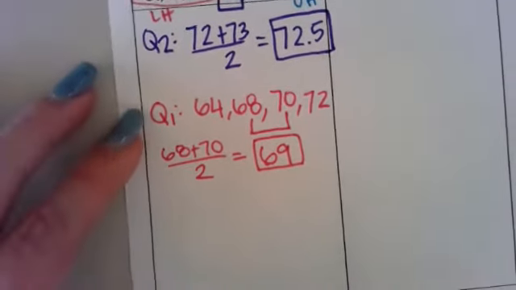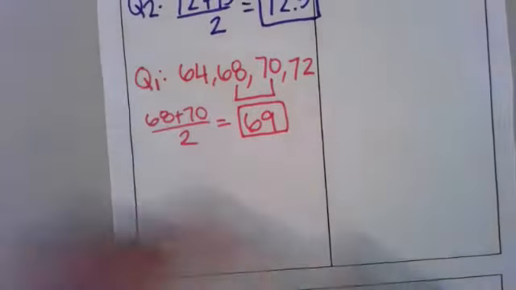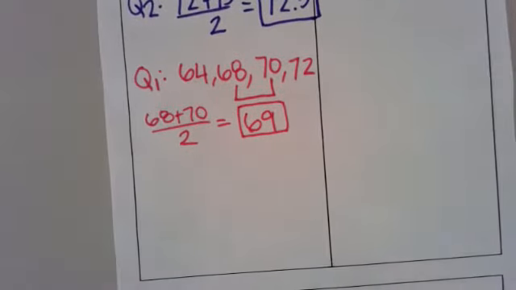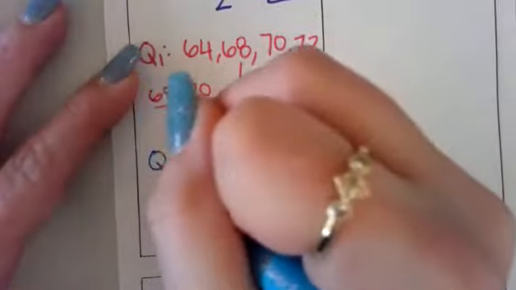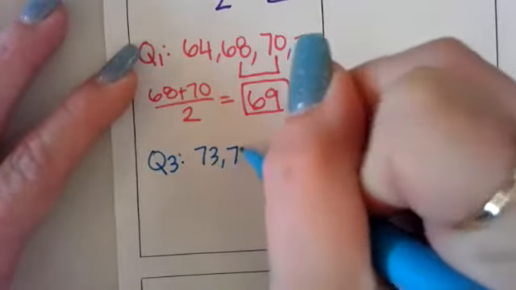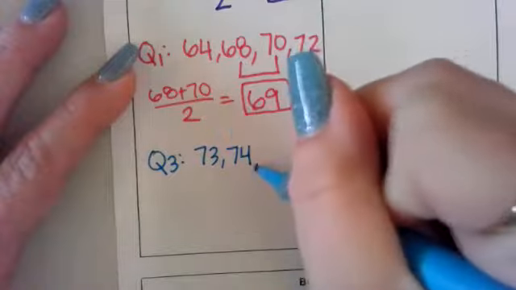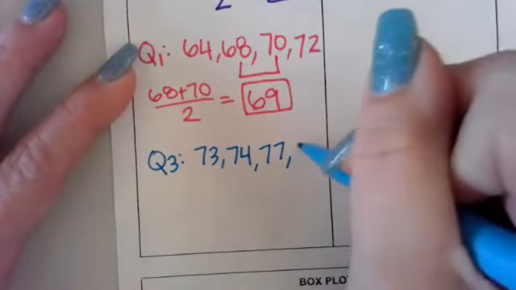If we do the third quartile, we're going to do the same process, but now we're going to use all the numbers in our upper half. So in our upper half, we have the numbers 73, 74, 77, and 83.